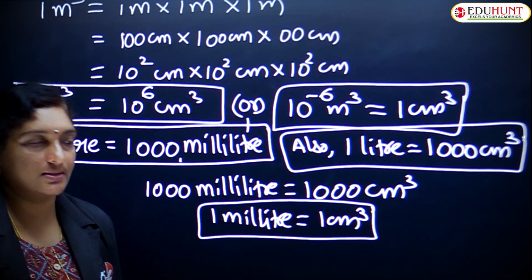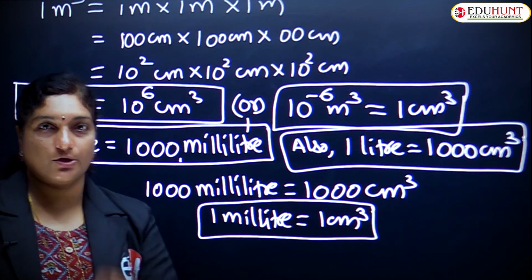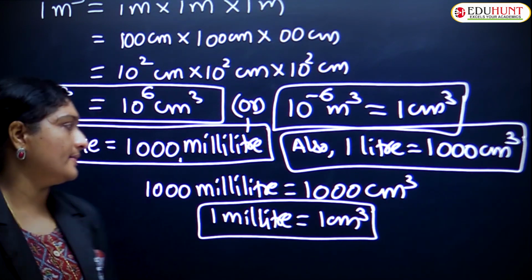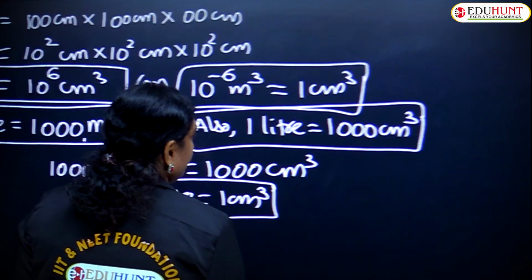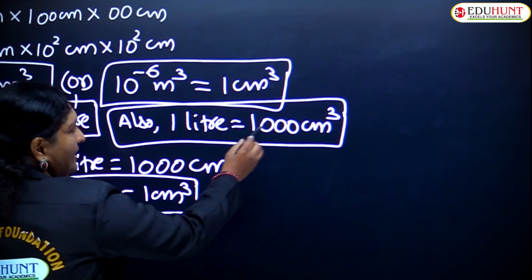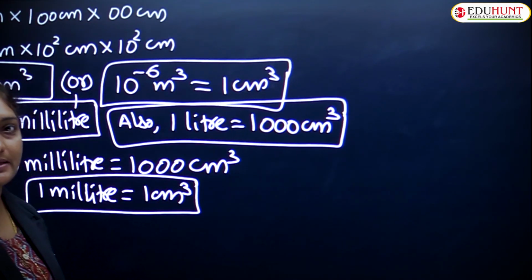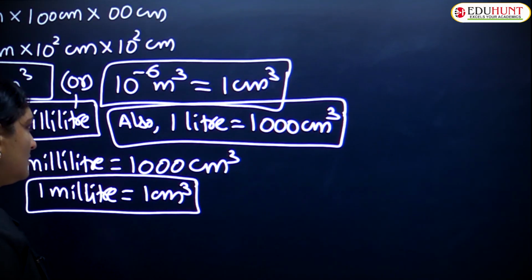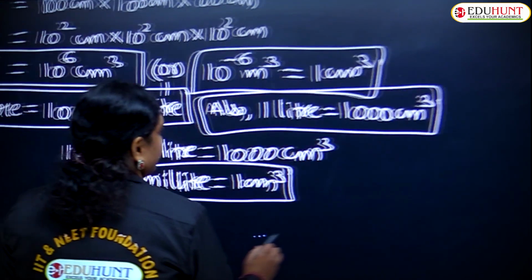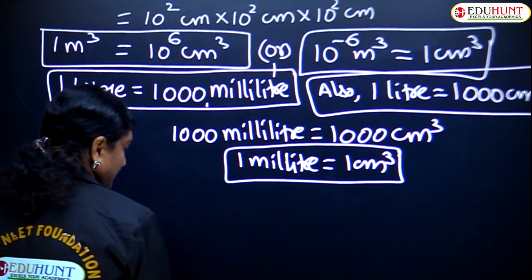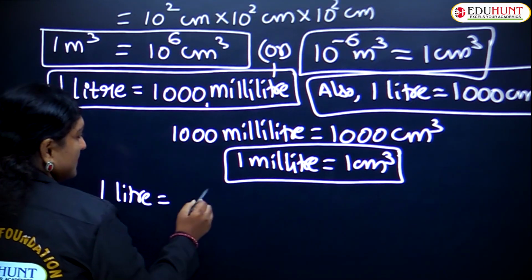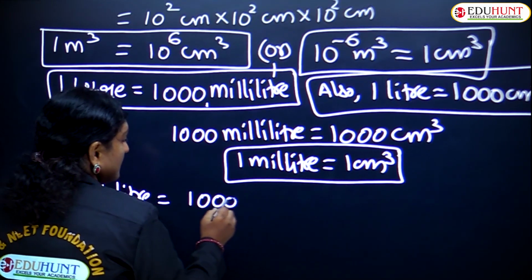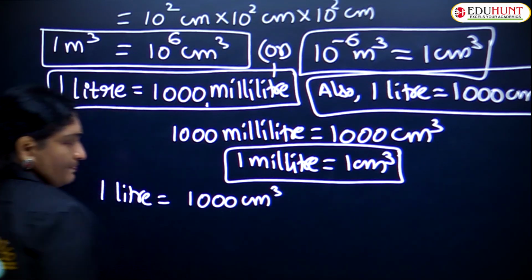One more thing I need to discuss, children. This is all regarding meter cube. How are liters related to meter cube? As I have told you, 1 liter is equal to how many centimeter cube? 1000 centimeter cube. So let me rewrite the same: 1 liter is equal to 1000 centimeter cube.